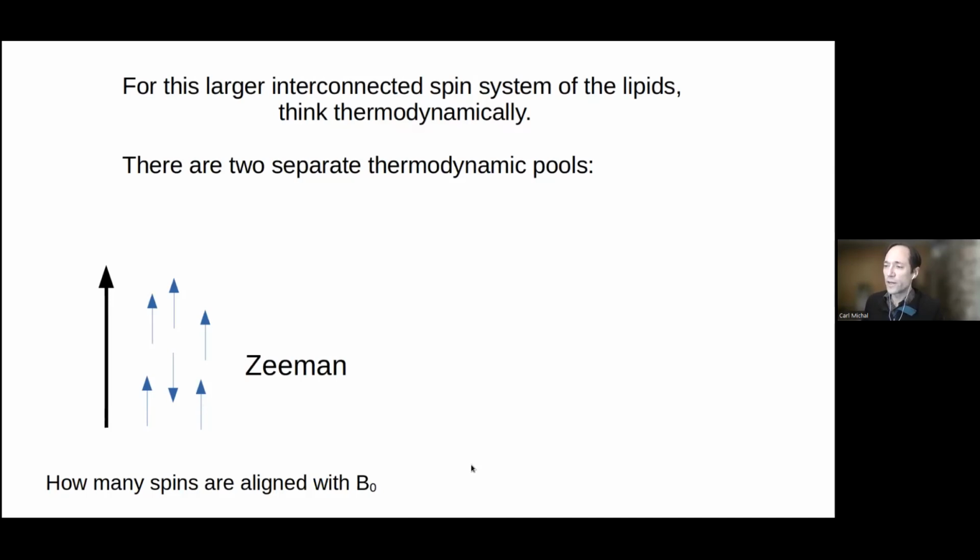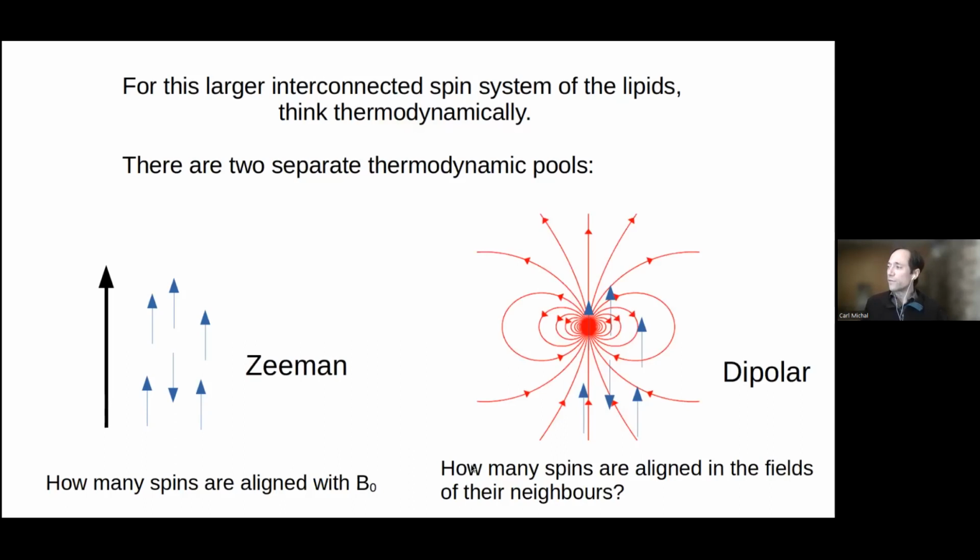The first of these thermodynamic pools is probably what you're familiar with thinking about in terms of spins in a magnetic field. This is what we're going to call the Zeeman reservoir, where basically the energy associated with the Zeeman reservoir is measured just by how many spins are pointed along or anti-parallel to the main magnetic field. The second of these thermodynamic reservoirs is the dipolar reservoir.